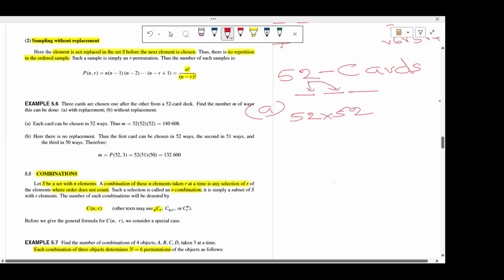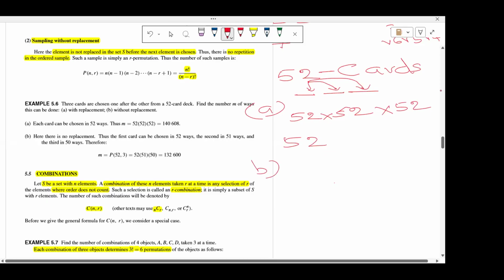Why? With repetition, if I take one card, I can put it back in the box and then take the second card. That is the meaning of with repetition. Again, I can take the third card, so 52 each time. So 52 to the power 3 is the number of occurrences of this event.